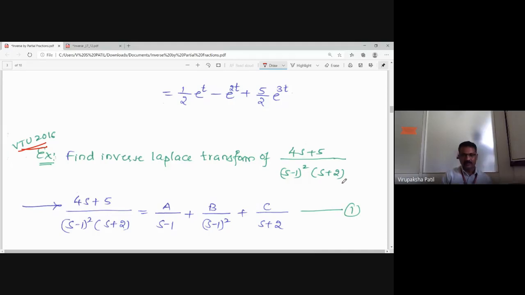Proper. I said something wrong in the beginning, so please make the correction. If the degree of the numerator is less than the degree of the denominator, then that is called a proper fraction. If the degree of the numerator is greater than the degree of the denominator, that is called improper. And every improper fraction can be expressed as a sum of a polynomial and a proper fraction.